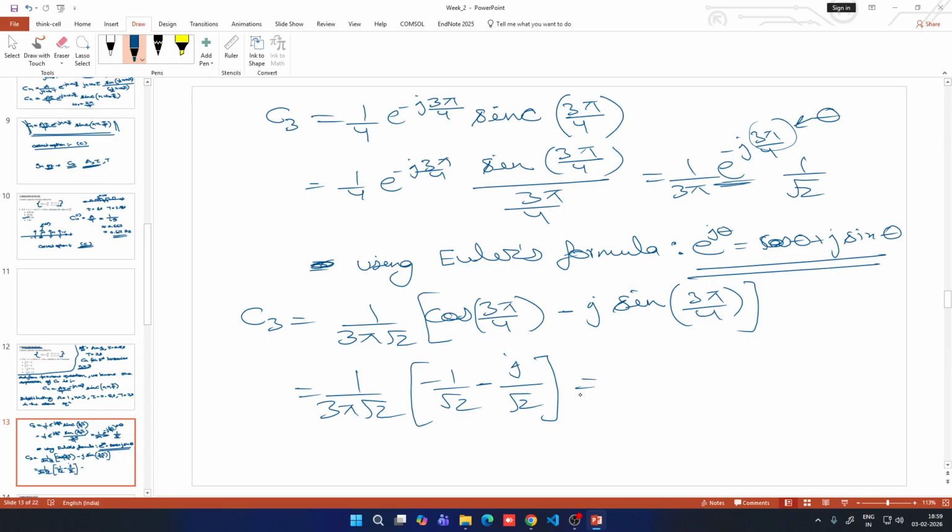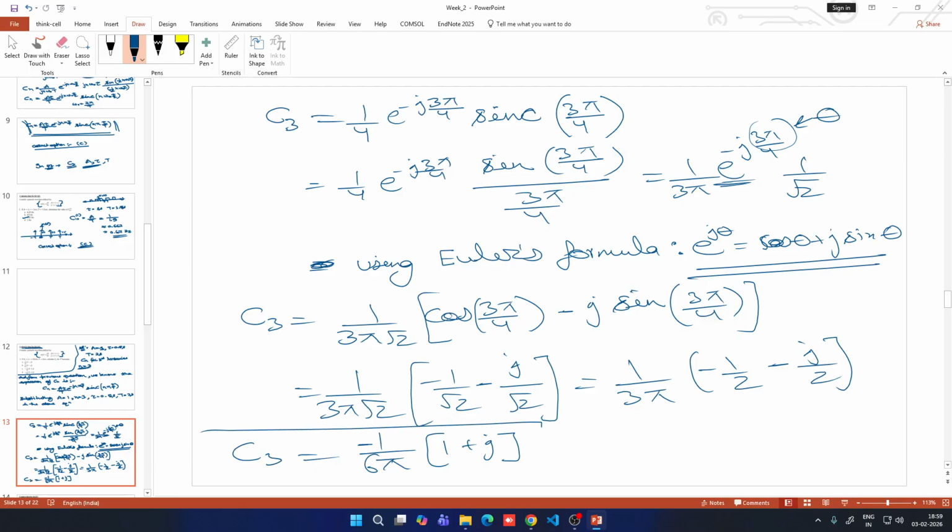So now we can simplify it and rewrite this as 1 by 3 pi into minus 1 by 2 minus j by 2. Now here we can take this 2 outside, and it becomes 1 by 6 pi into, and minus also I can take outside, so it becomes 1 plus j. So this is C3, that is the required answer.